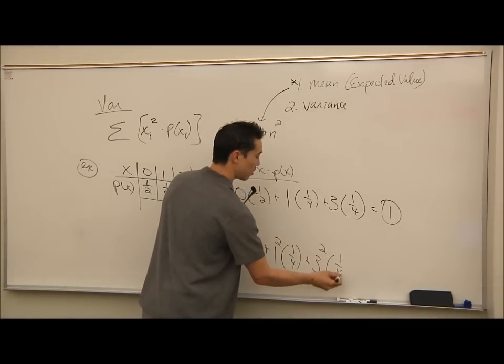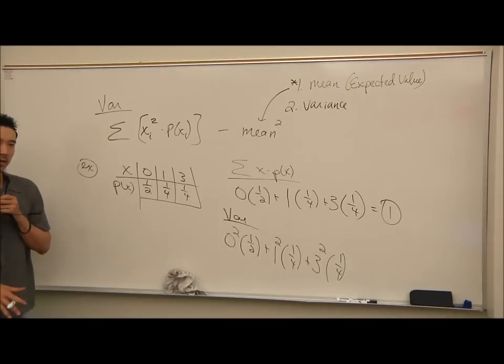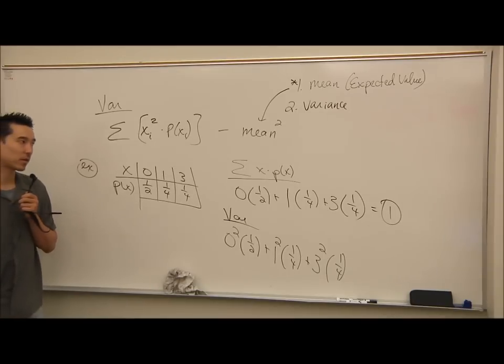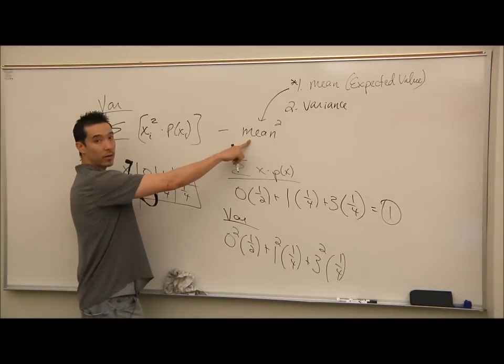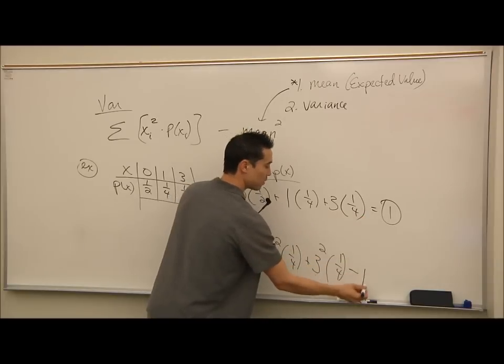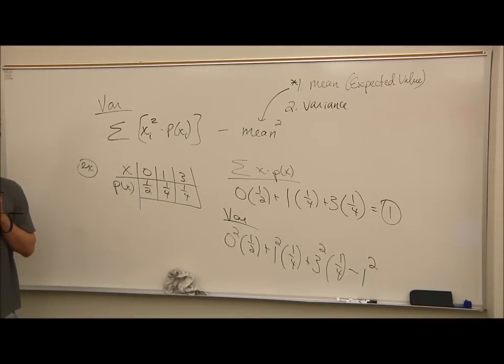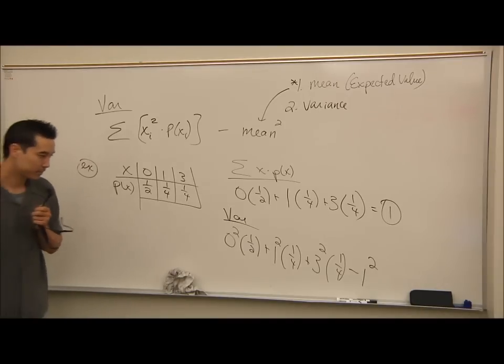Okay, and then almost always I have students do that part completely perfectly right, and they forget one thing. What do they forget? Minus the mean squared. Okay? So minus, we already did the mean, 1 squared. Okay? That's the variance formula. Take each x and square it times the probability of that x. Add those up, but don't forget to subtract the mean squared.